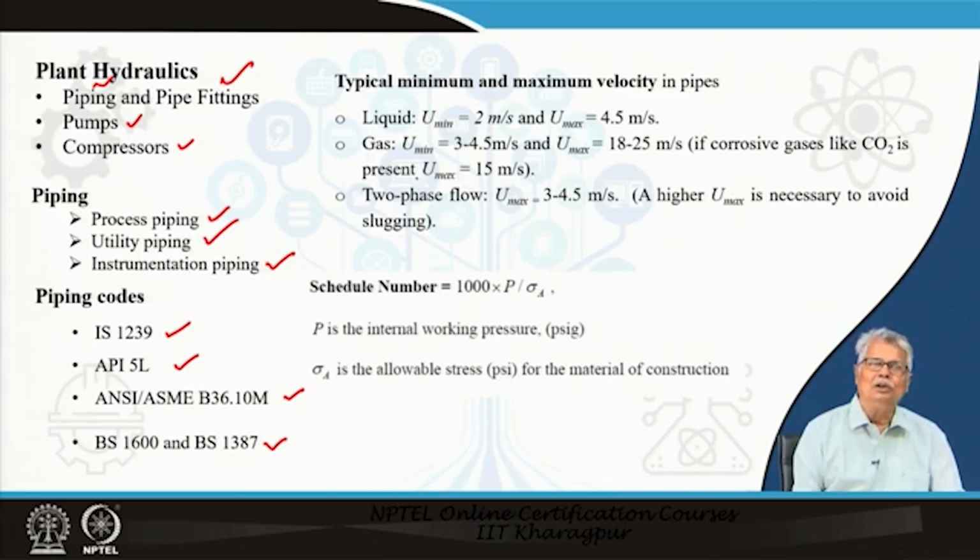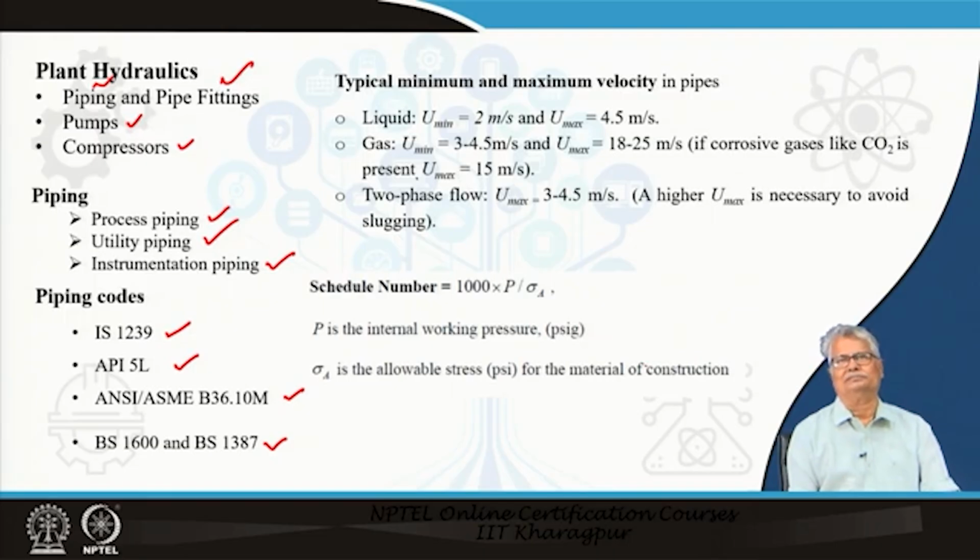This you need to know, because whenever you specify a particular piping, it should be following a particular standard, usually the standard which has been followed in specifying your other equipment in your plant. So, this allows compatibility between the piping that you choose and the rest of the equipment which is there in your plant.